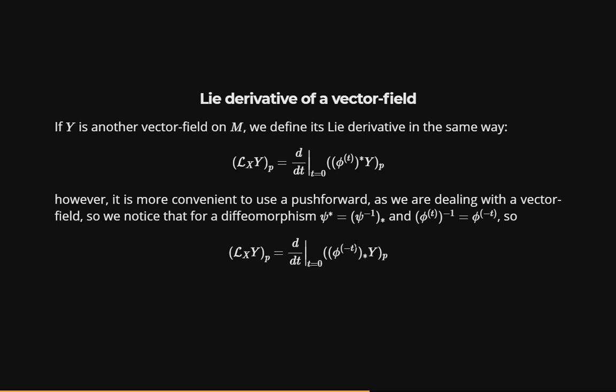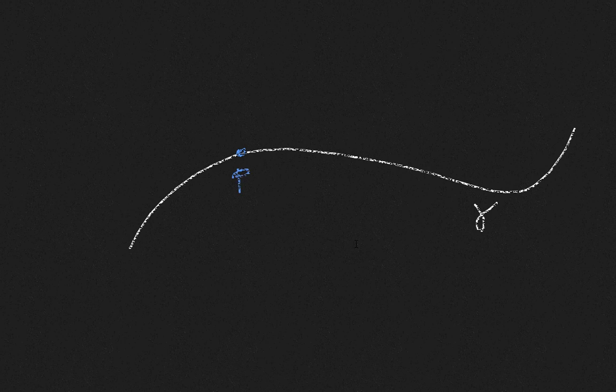You want to take the derivative of Y along an integral curve of X. So you have an integral curve of X, gamma, you have a point P, and for every point on the curve, also outside, you have this vector, which is not a tangent vector field, okay?